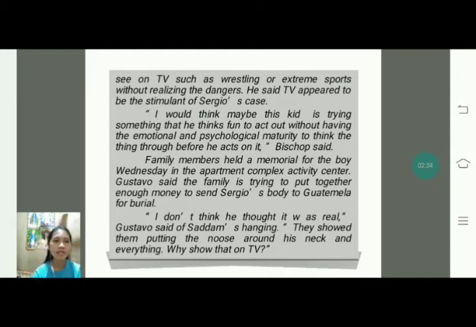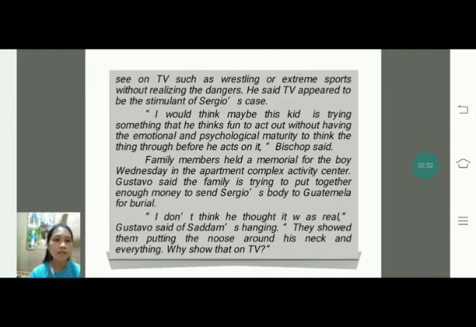He said TV appeared to be the stimulant of the case. I would think maybe this kid is trying something that he thinks is fun to act out without having the emotional and psychological maturity to think the thing through before he acts on it, Bishop said.